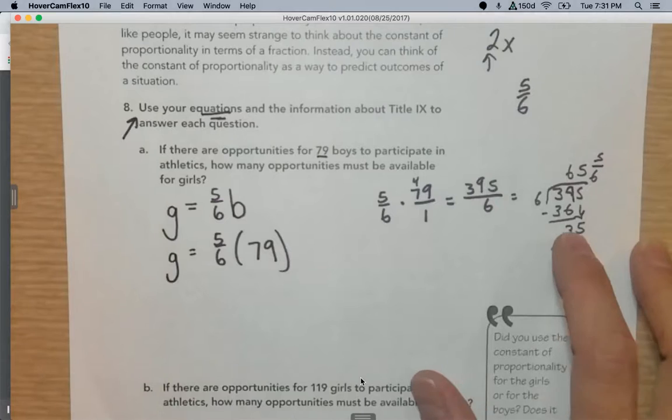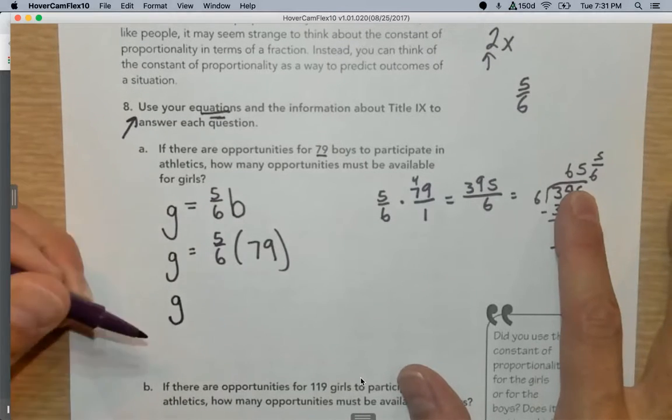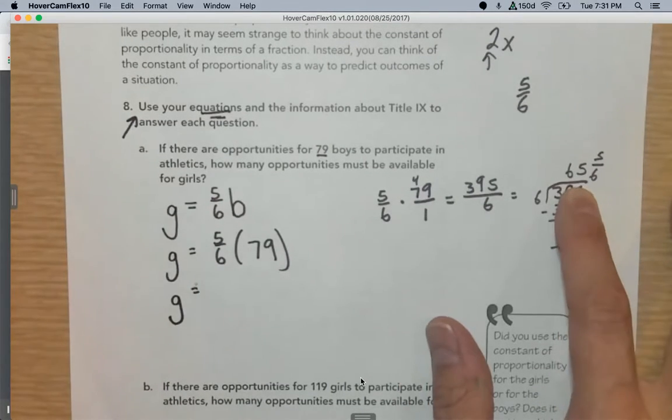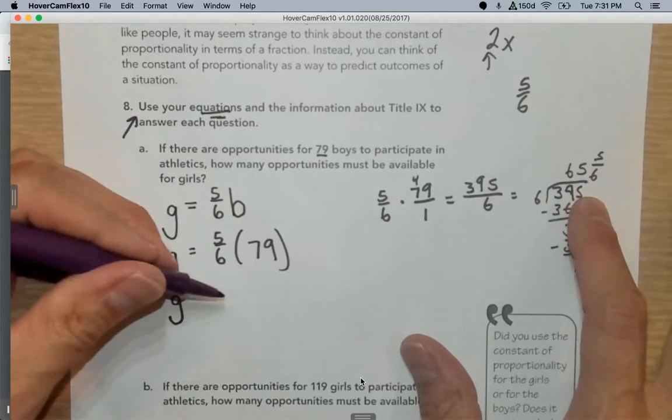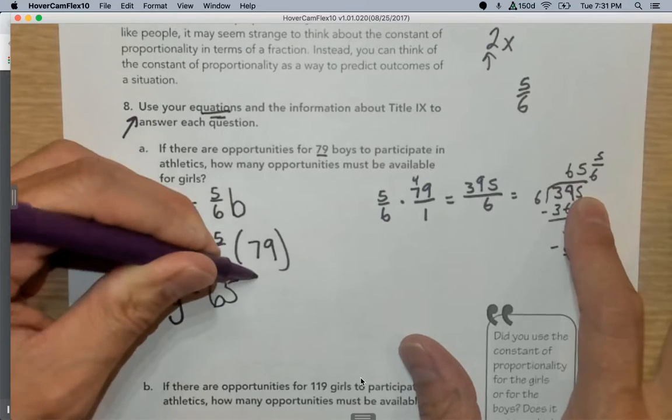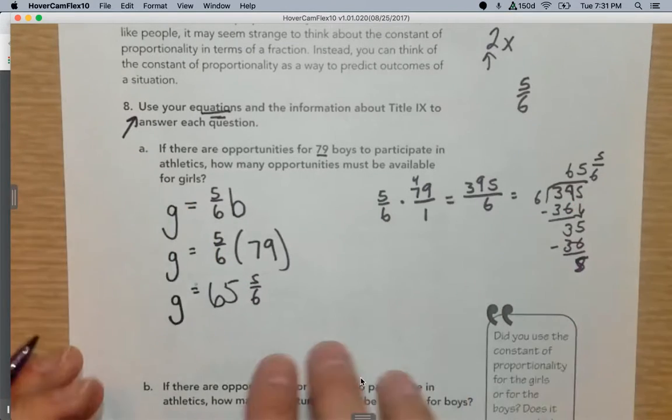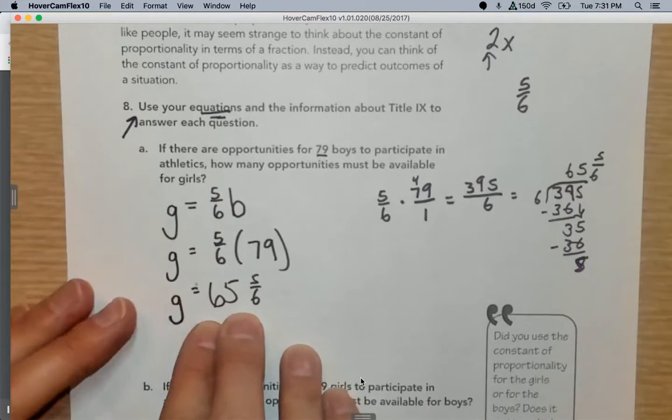Okay? Now, it doesn't make sense for there to be 65 and 5/6 girls. So G equals 65 and 5/6, and that's saying that they have to have at least that many. But I can't have that many girls.